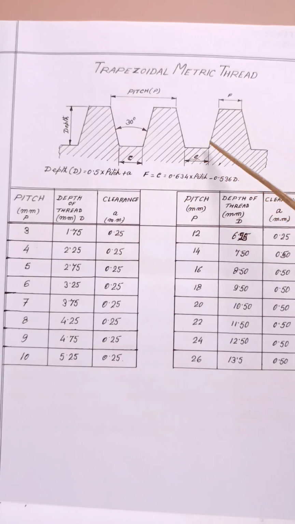F and C, the crest flat length and root flat length, are always equal.